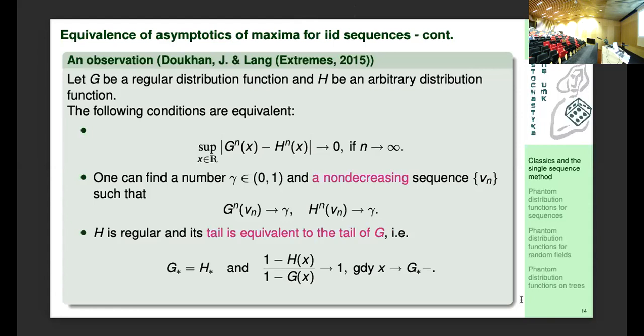Right ends must agree, and we have equivalence of tails. So this is a complete characterization that I think should be provided in classic textbooks as one of the first sections, because this is the view into the structure of maxima of IID sequences. In particular, once again, I would stress this says the asymptotics of maximum of IID sequences is determined by the non-degenerate limit along one particular sequence of levels.